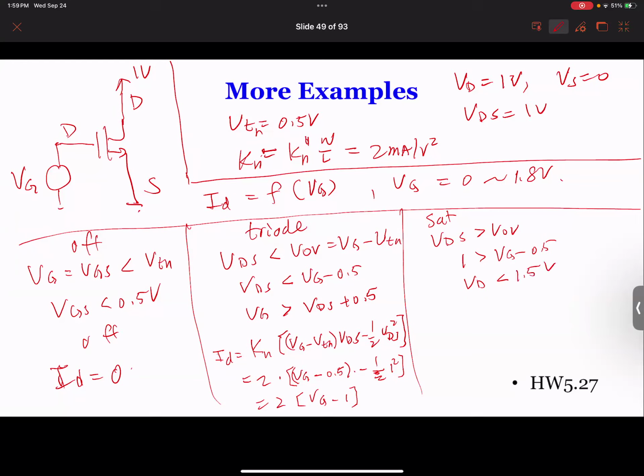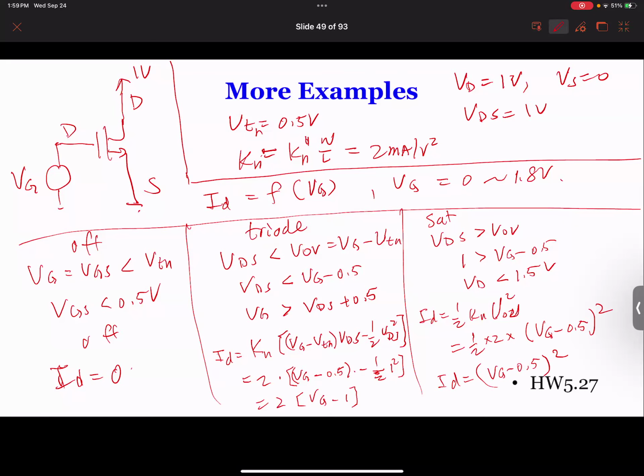And in this case, our ID is equal to 1/2 Kn VOV squared, and VOV is VG minus 0.5. So we got ID equal to just VG minus 0.5 squared.